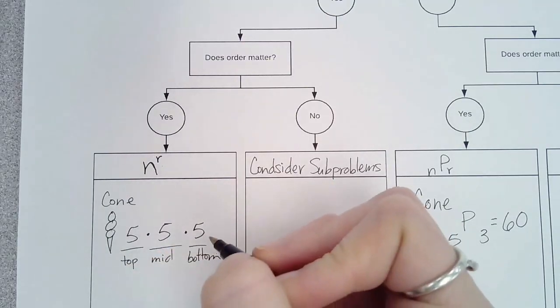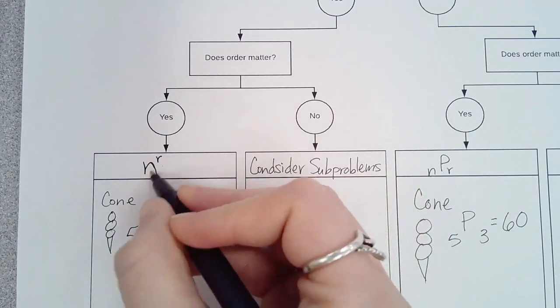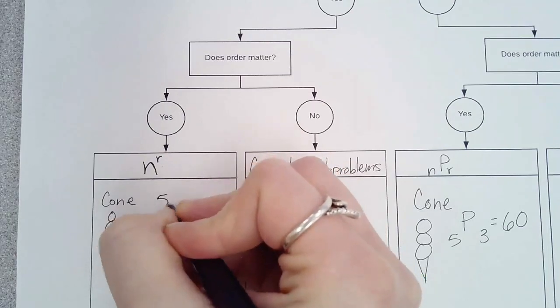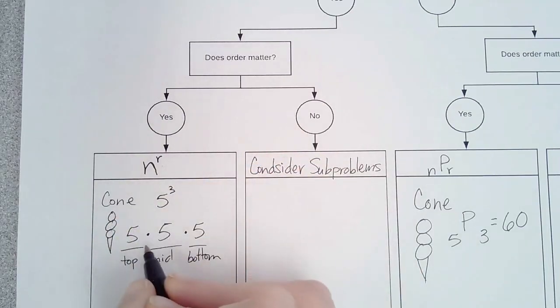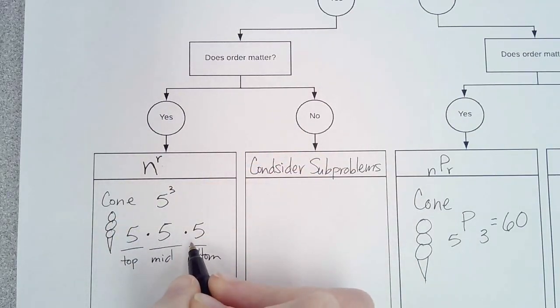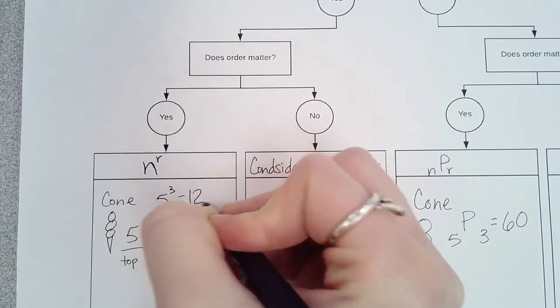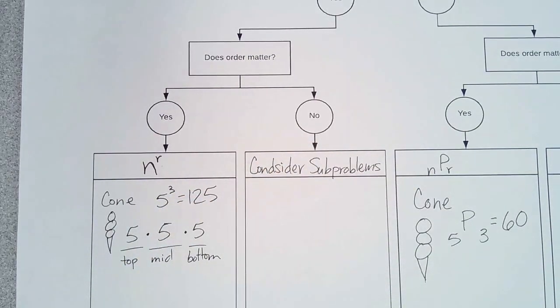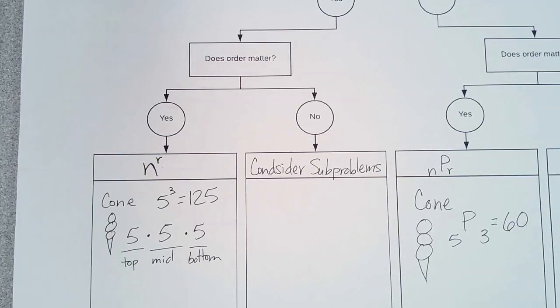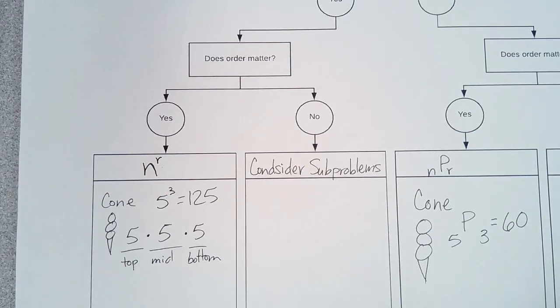So 5 choices. So that's what we were talking about before. We've got 5 different options, and we're choosing 3 of them. That ends up being 5 to the 3rd power. 5 times 5 times 5 is 5 to the 3rd power, which gives us 125 different ice cream cones we can make, which you can see is a lot bigger if we're saying we can repeat. We get way more cones than if we didn't repeat, which was our permutation from before.